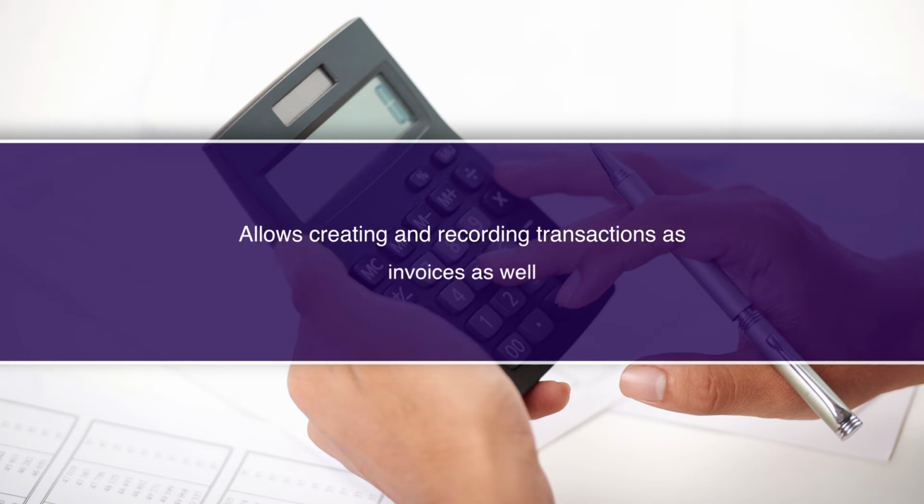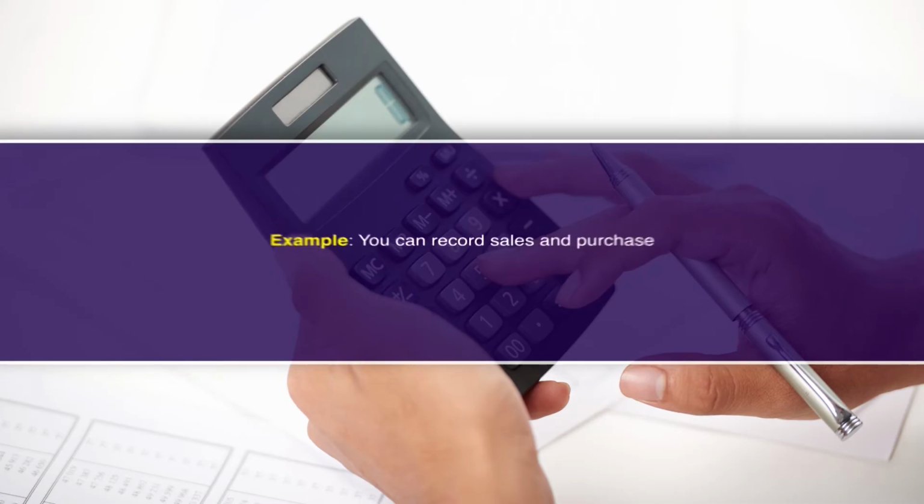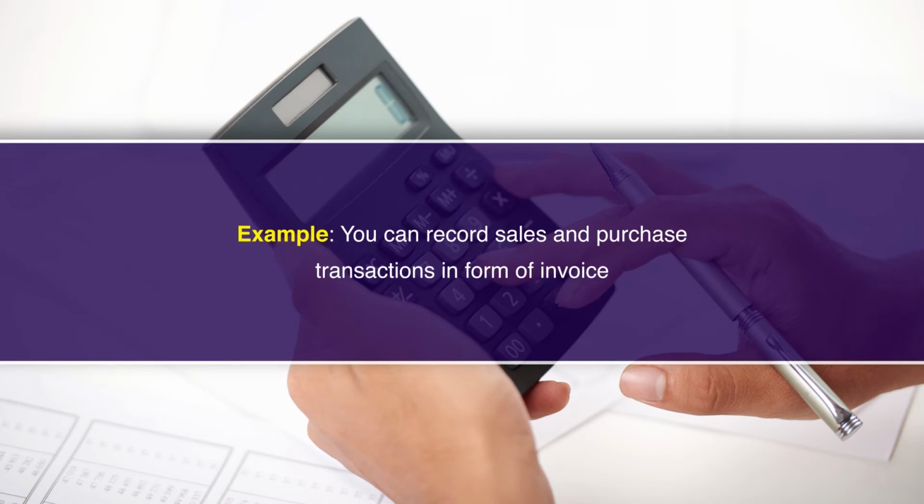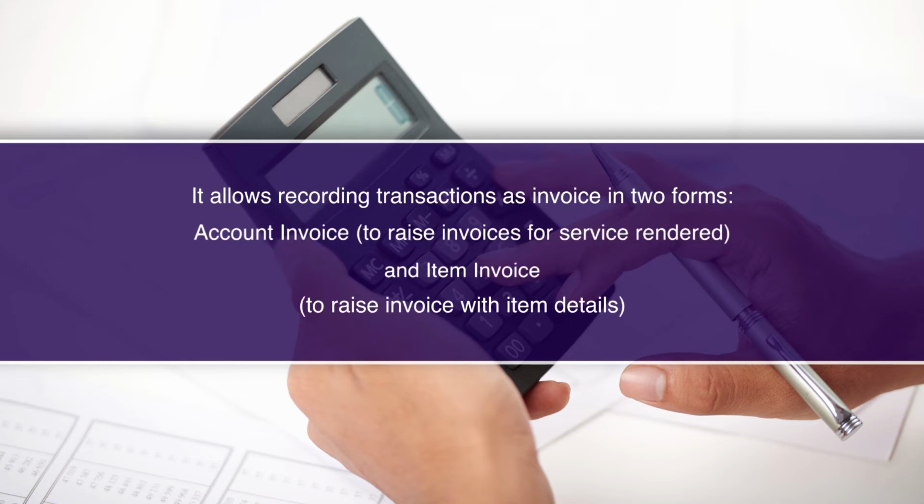In Tally, you can record transactions as vouchers as well as create invoices. Invoices are also one of the ways of recording transactions. Basically, you can record sales and purchase transactions in the form of invoices. Tally allows recording transactions as invoices in two forms.